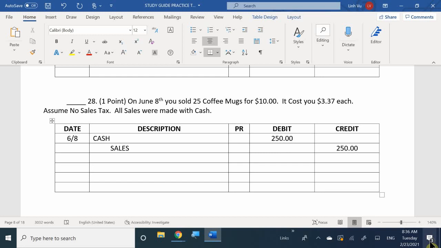Now, how much did it cost me to sell that item? $3.37. So in this case, what's my account going to be? Cost of goods sold. And what's my credit going to be? 84.25.